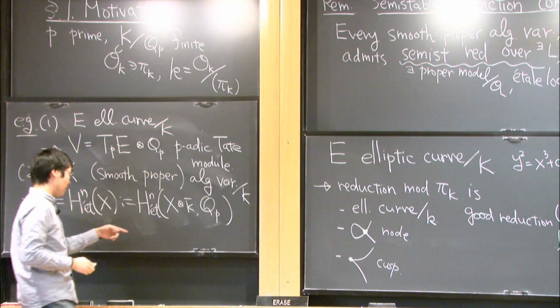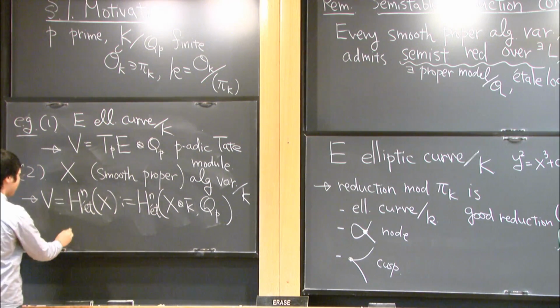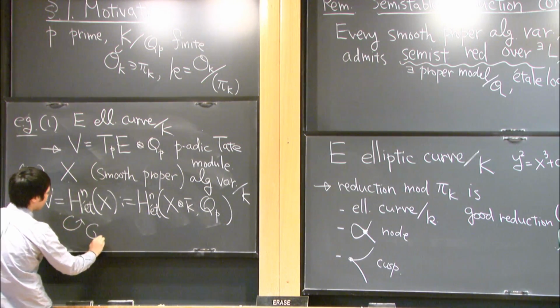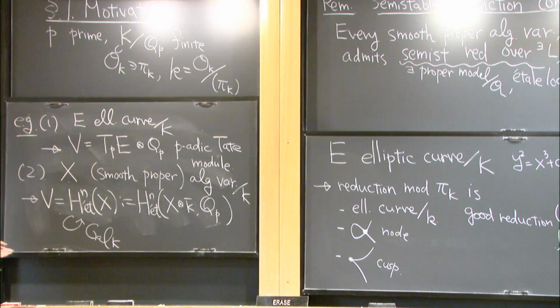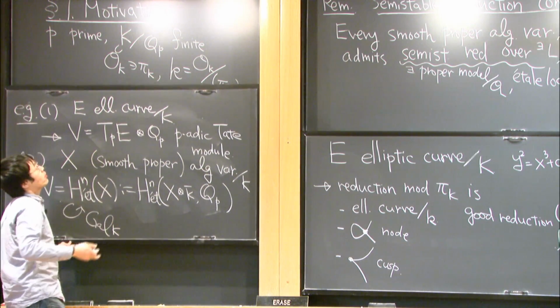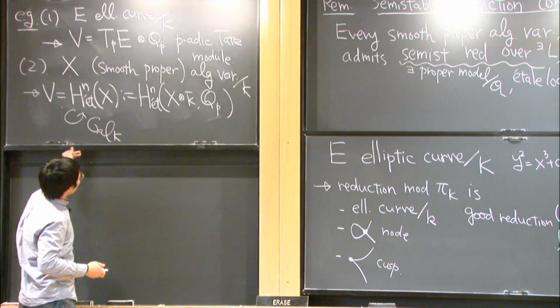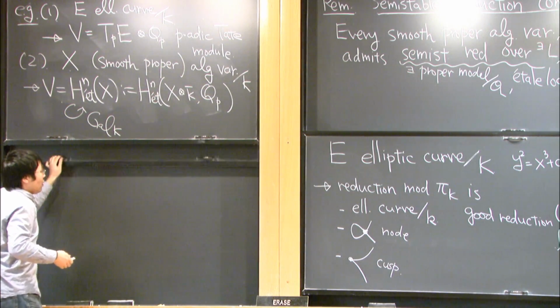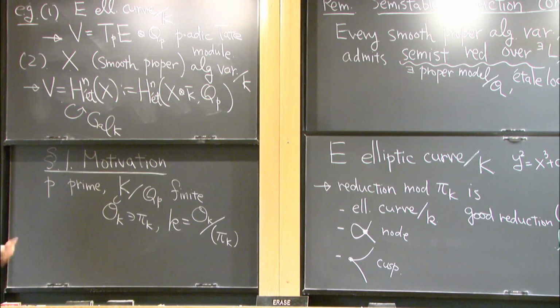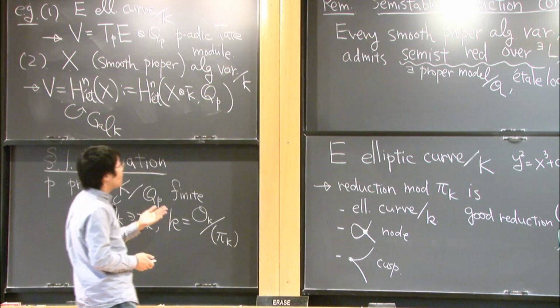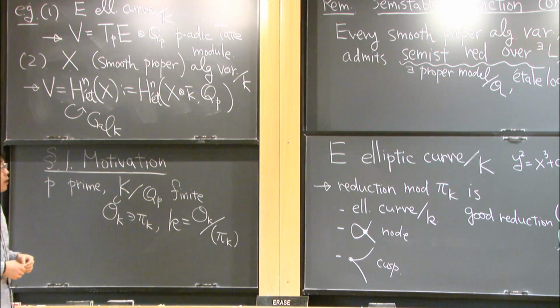By functoriality of étale cohomology, you get a Galois action. And it turns out this is a finite dimensional Q_p vector space with continuous action. So these are ways to get examples of Galois representations. If you prefer, you can consider deformations and you get more examples. But at this point, I want to just pause and ask a question.